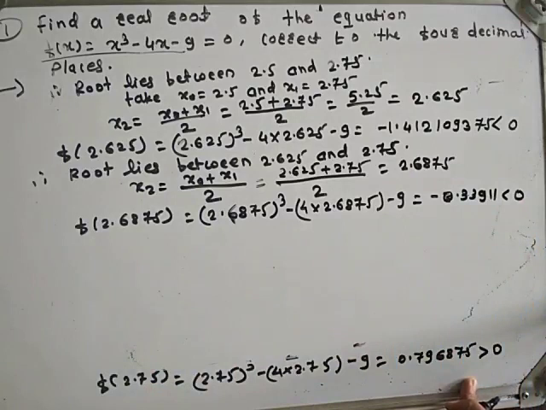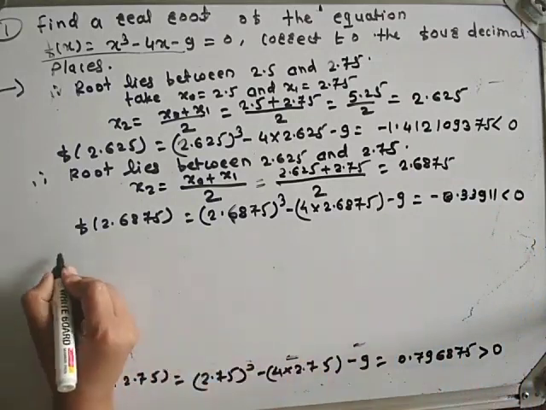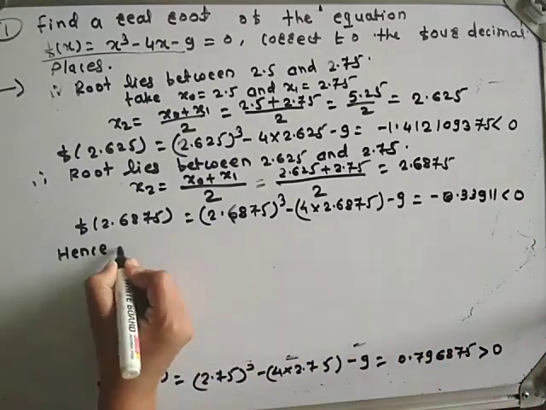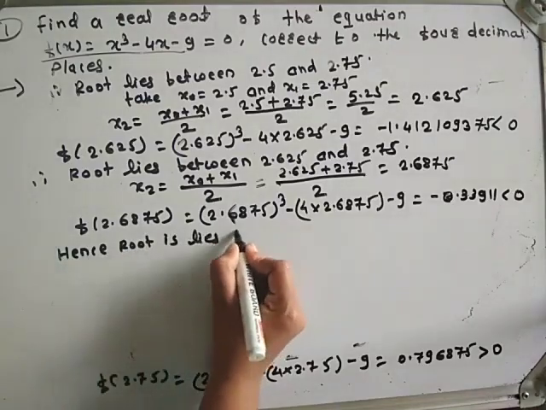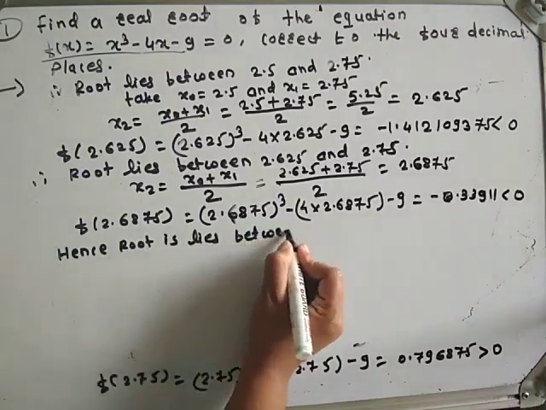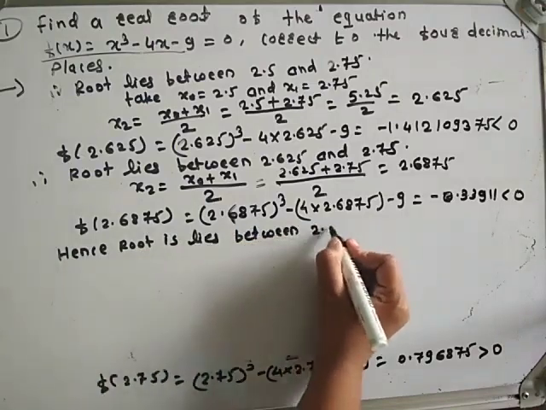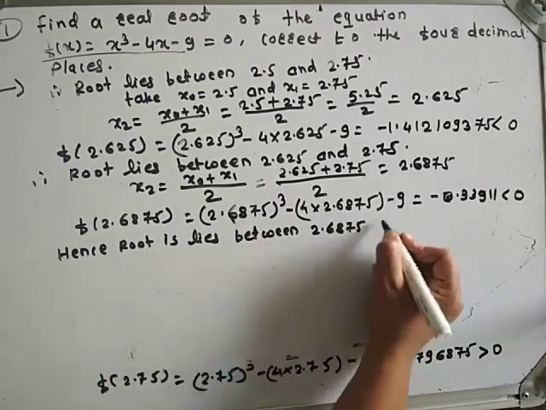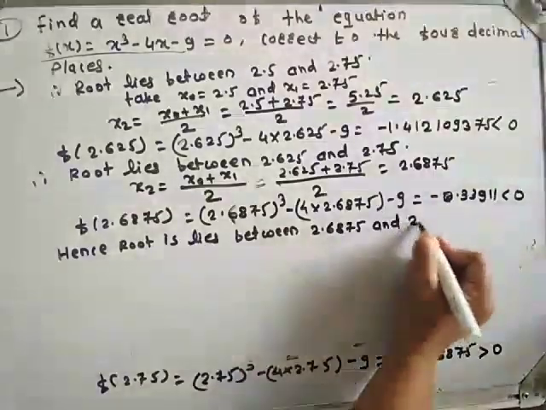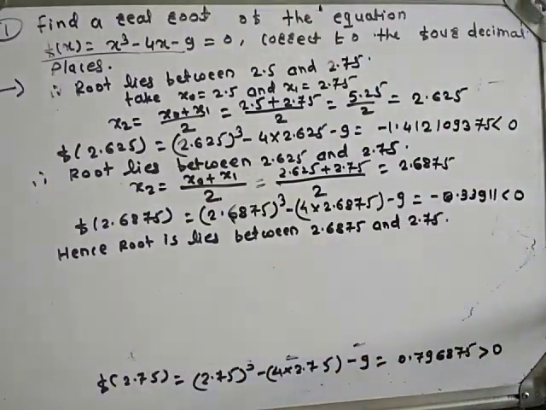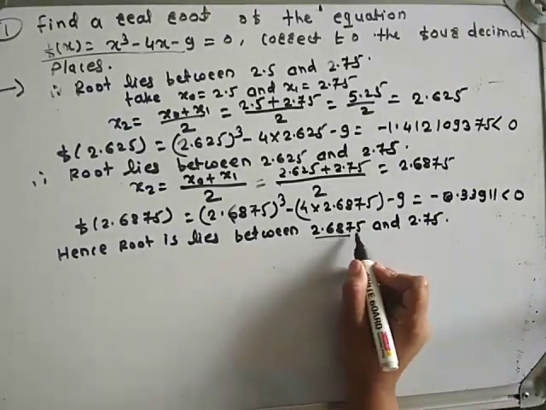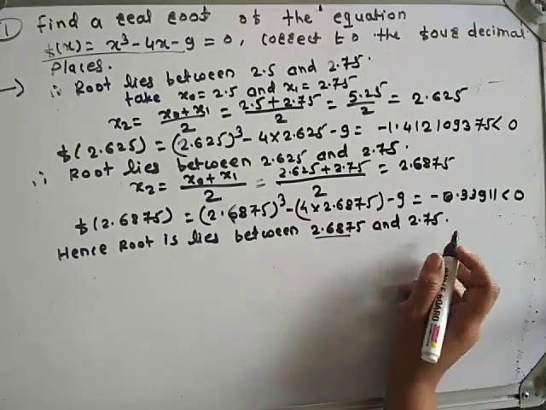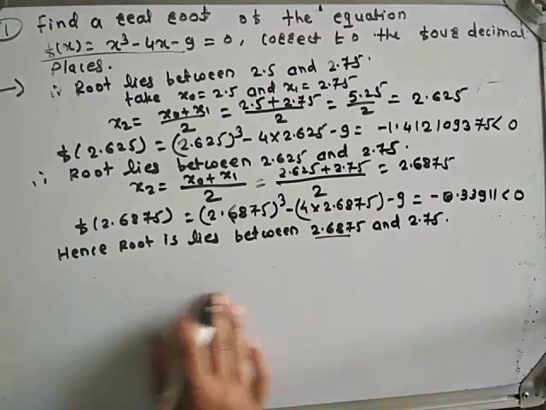Therefore, the root lies between 2.6875 and 2.75. Take x0 equal to 2.6875 and x1 equal to 2.75.